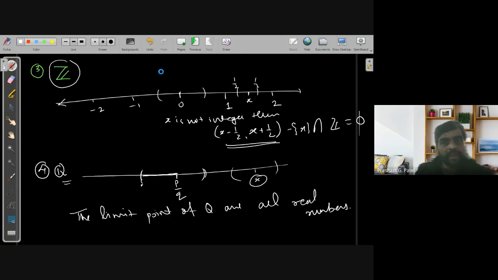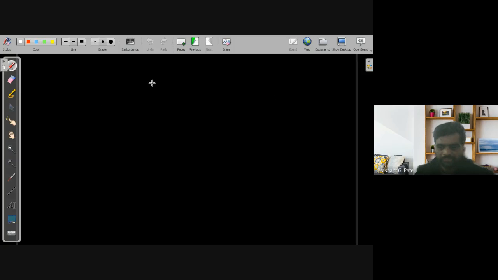Let us change the metric. Let's consider this discrete metric. d of x, y is equal to 0 if x is equal to y, 1 if x is not equal to y.